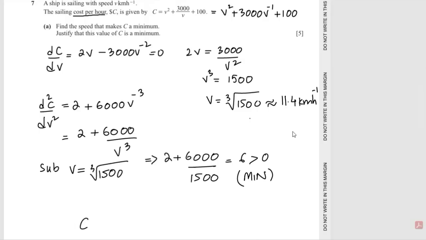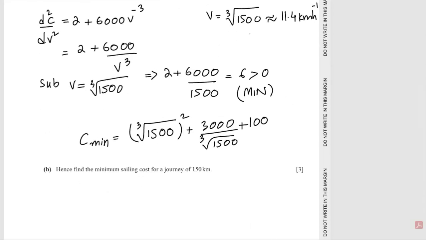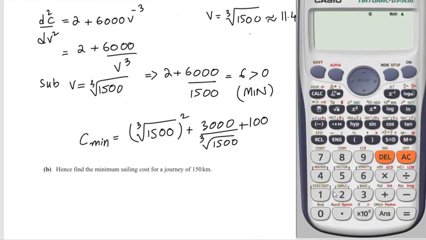C min is going to be, I'm using the exact value, square this plus 3000 divided by 1500's cube root and plus 100, right? So I'm getting the cost per hour, and then we can evaluate that.